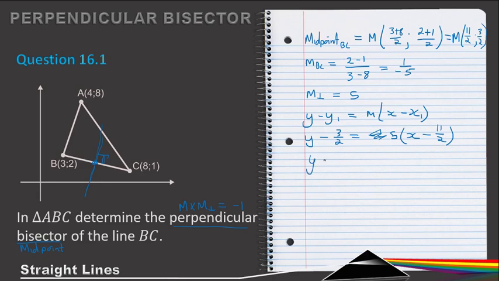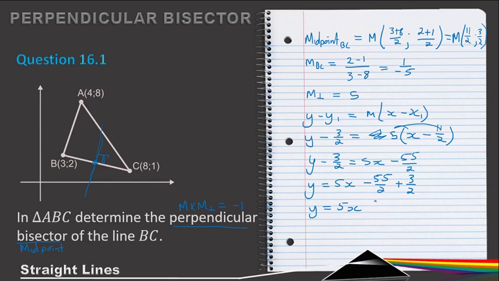Then we simplify. y minus 3 over 2 equals, taking the 5 inside to each term, 5x minus 55 over 2, and take the 3 over 2 over. So y equals 5x minus 55 over 2 plus 3 over 2. Alright, that's easy to add. y equals 5x minus 52 over 2.